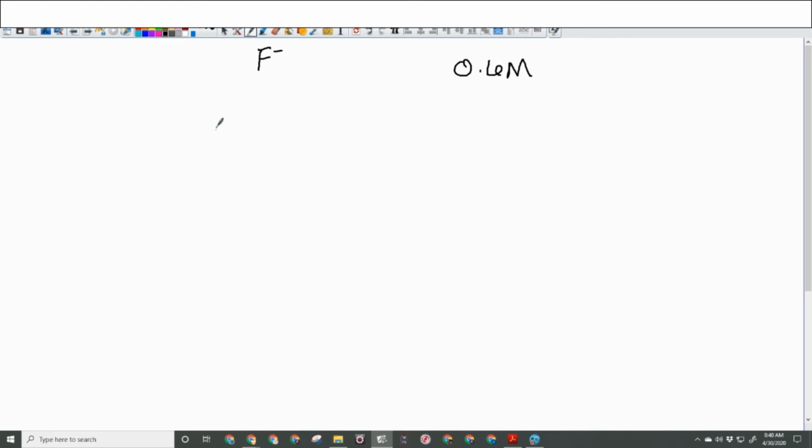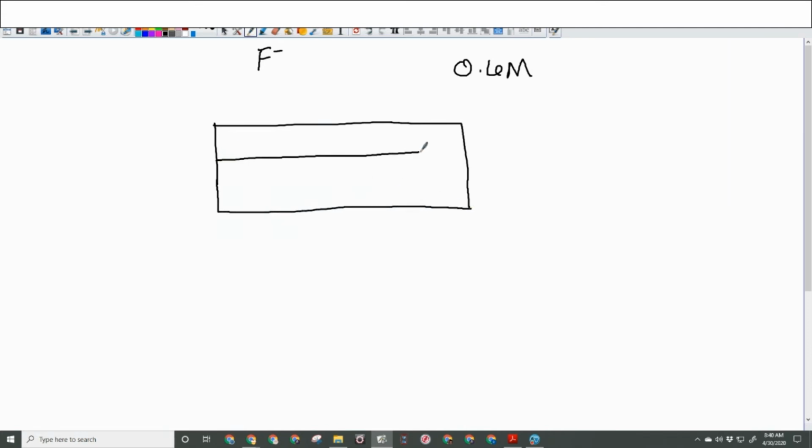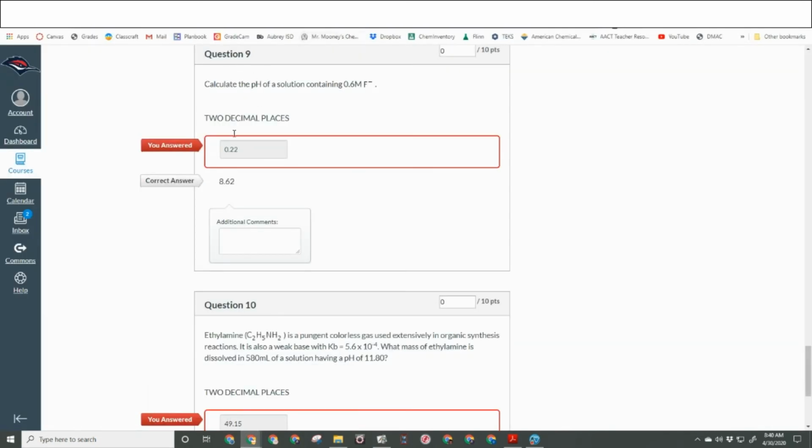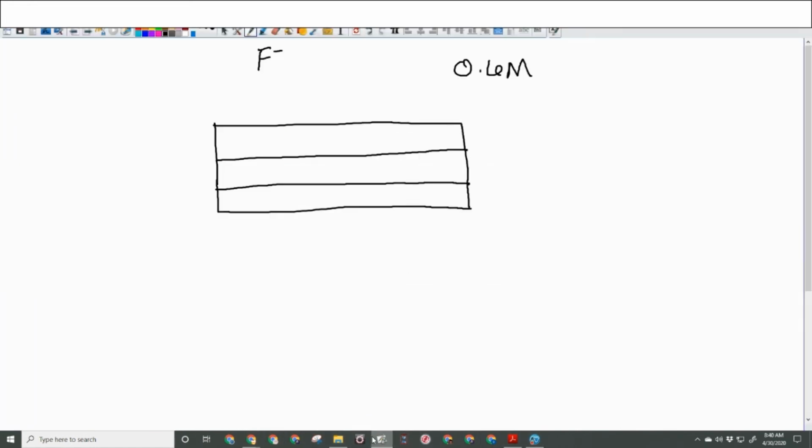Okay, so what you have to do on this one is think about what can I combine. Now we're talking about acids and bases here, right? And what is the question asking us to calculate? pH. So when you write things down like this and just think it out, it helps you get to where you need to be.